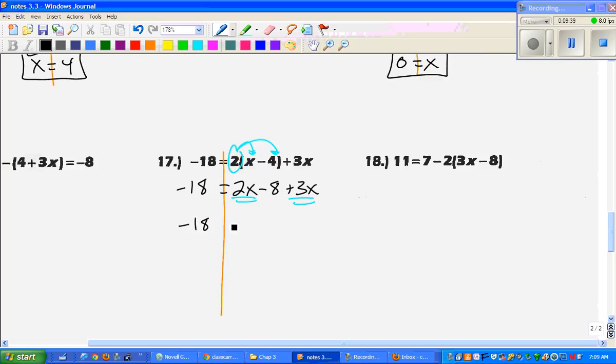You get negative 18 equals 5x minus 8. Canceling subtraction with addition. Negative 10 equals 5x. Divide by 5, and you get negative 2 equals x.